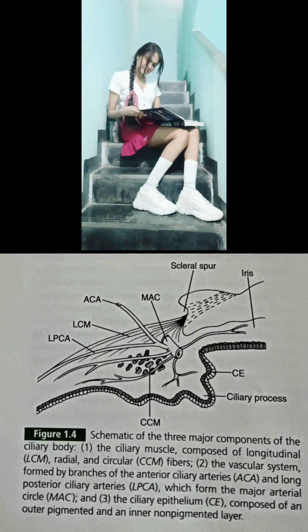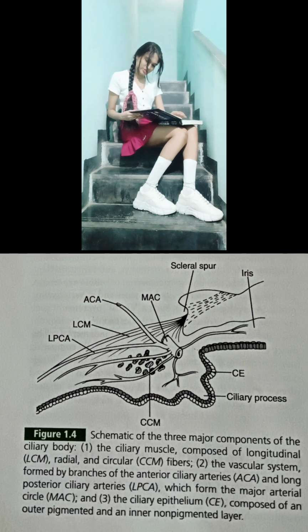So the major arterial circle is formed by branches from the anterior ciliary arteries and long posterior ciliary arteries. And 3. The ciliary epithelium CE, composed of an outer pigmented and an inner non-pigmented layer.